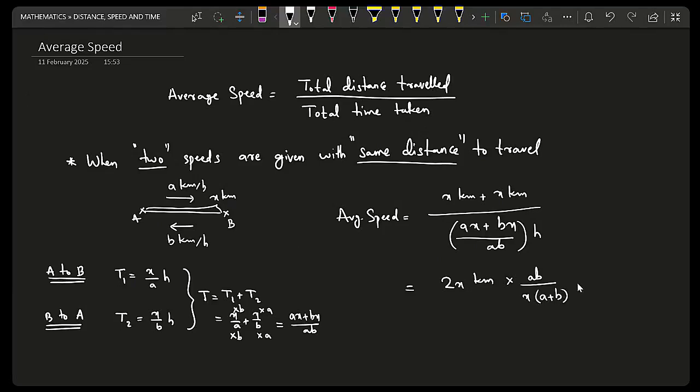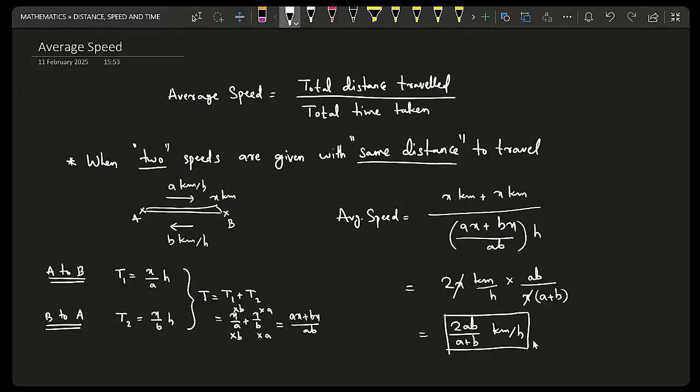The units left are kilometer, and the denominator hour, you can write per hour. x cancels and we get the final answer, that is 2ab by a plus b. The units are kilometers per hour. So this is the shortcut we can use whenever two different speeds are given and the same distance they have to travel. Then this shortcut you can use, 2ab by a plus b.